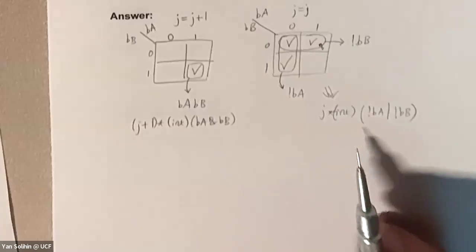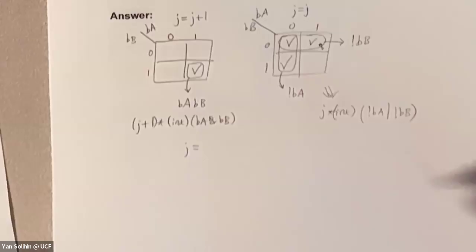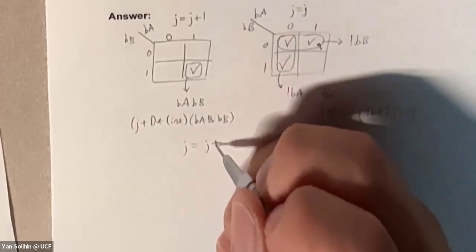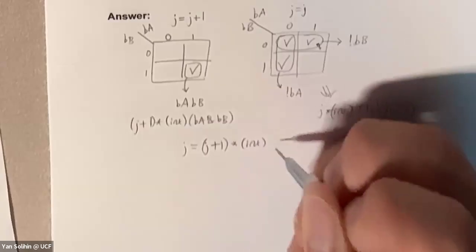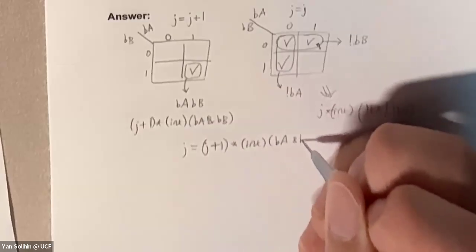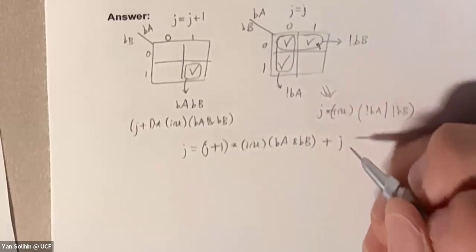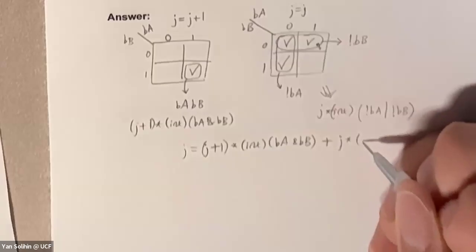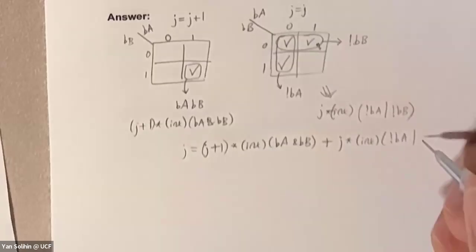So these are the two sub-expressions. The final expression will be just the sum of them. It will be J plus 1 times integer of BA and BB plus J times integer of not BA or not BB.